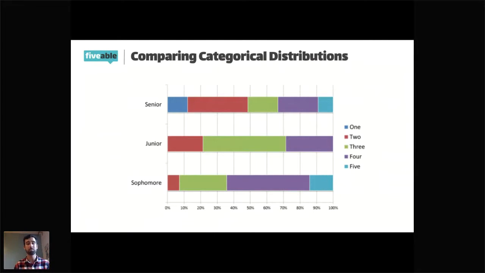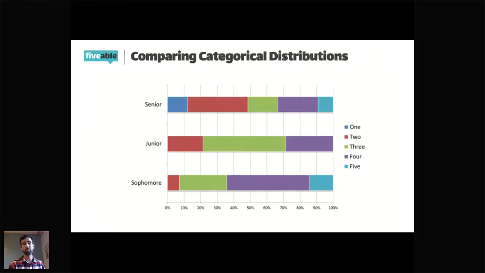A segmented bar graph allows us to look at one categorical variable and see how the distribution plays out in that one categorical variable. So we have the categorical variable of class level. We have sophomore, junior, senior. Of the sophomores, we can now look to see how many students are taking 1, 2, 3, 4, or 5 APs.